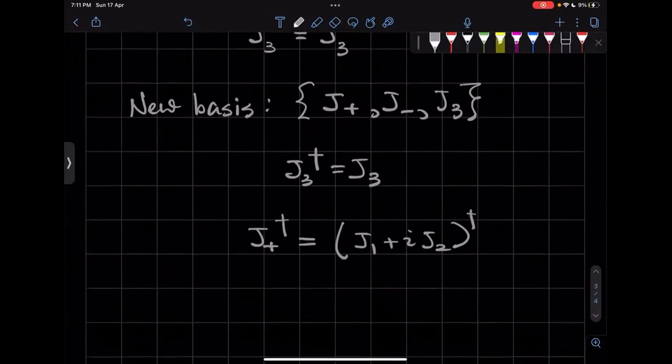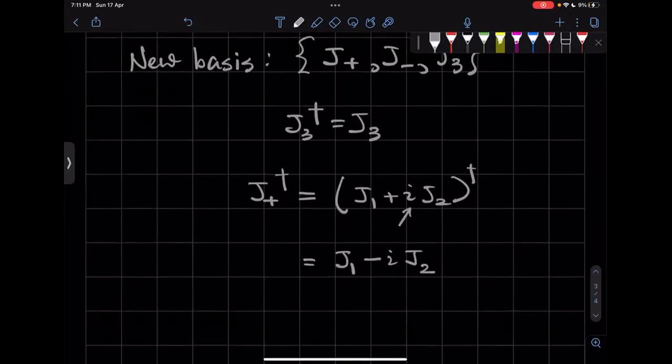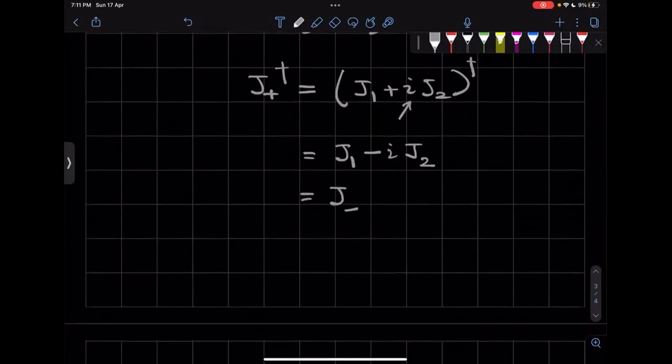If I take the Hermitian conjugate, J1 is Hermitian, so this is just J1. i becomes minus i because it's a number, so Hermitian conjugation is just complex conjugation, and J2 is also Hermitian. So we see that when we take the Hermitian conjugate of J plus, I get J minus. Similarly, the Hermitian conjugate of J minus gives us J plus.